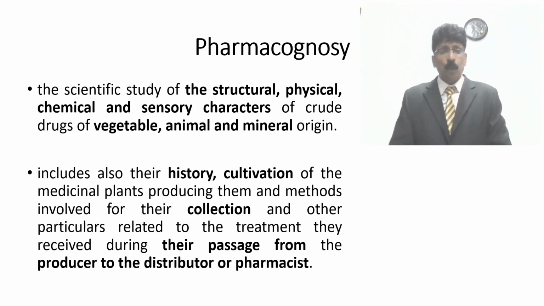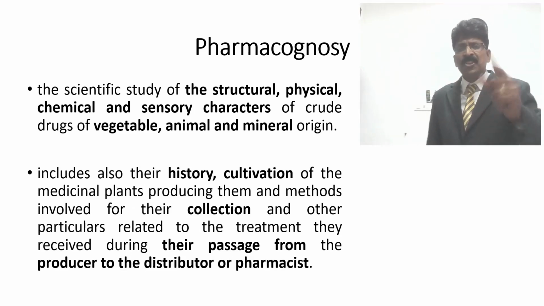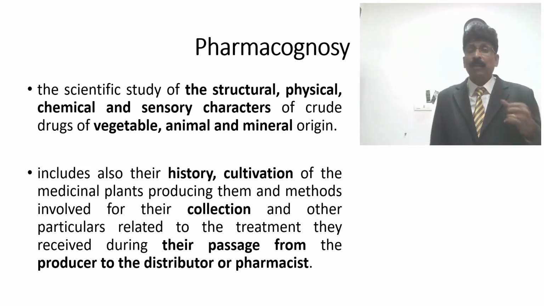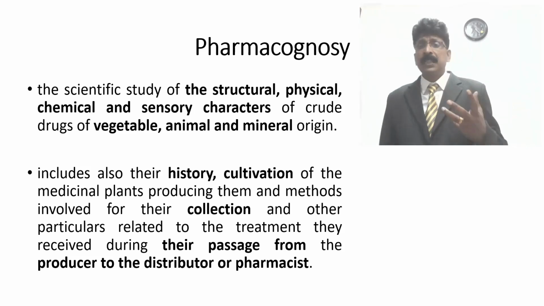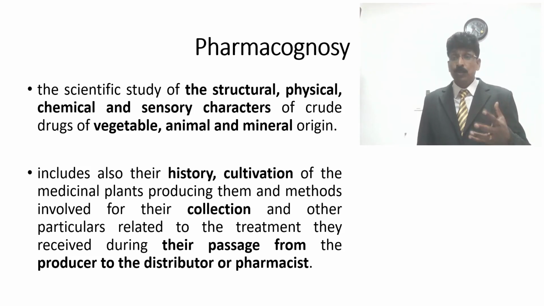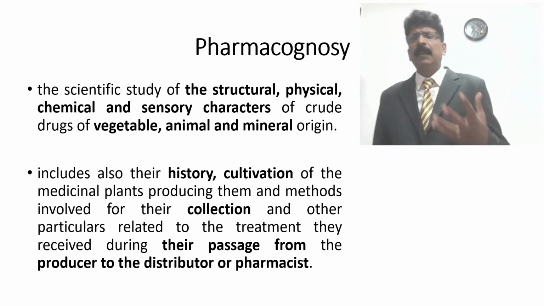It also includes the history of the plant, the history of the animal, the history of the mineral, how it is cultivated, where it has come from, the geographical history and the cultivational history. Next is the cultivation of medicinal plants, producing them, and the methods involved in the collection. There are many different types of collection.